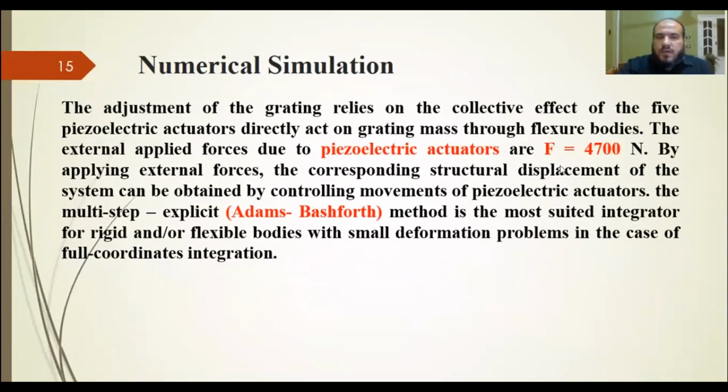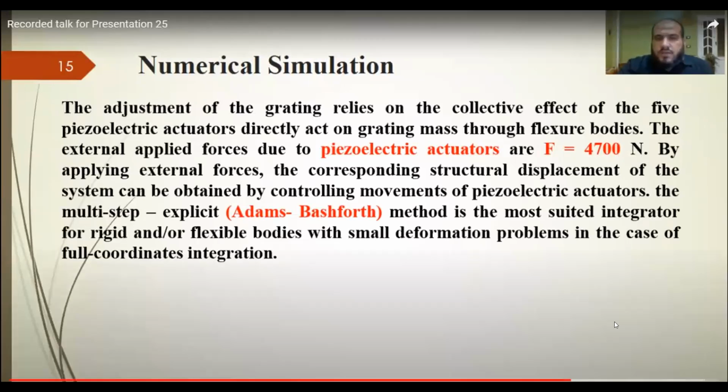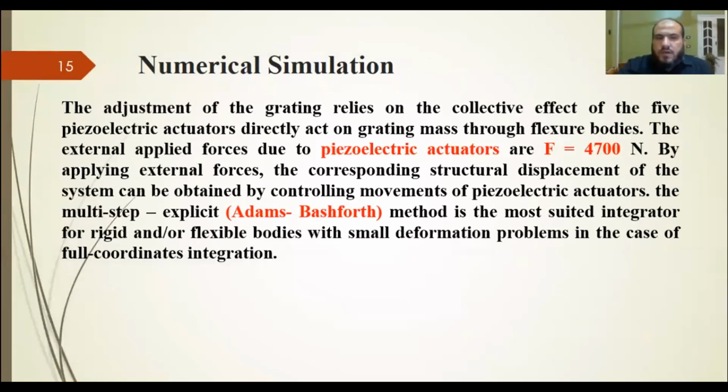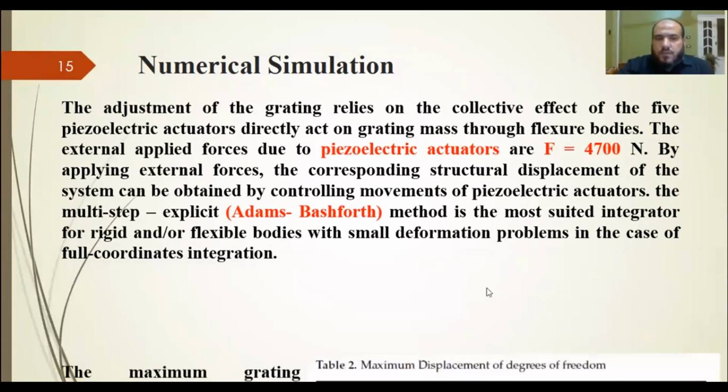It's about 4,700 Newton. And the Adams-Bashforth integrator method is used in the integration process because it's suitable for system equations that have rigid and flexible bodies with small deformation problems.